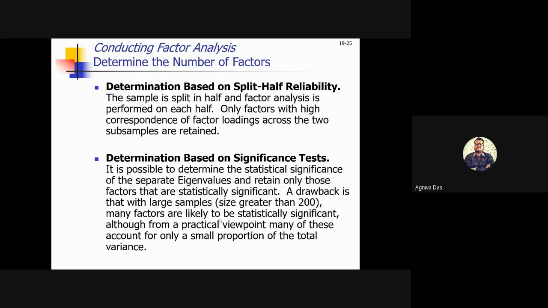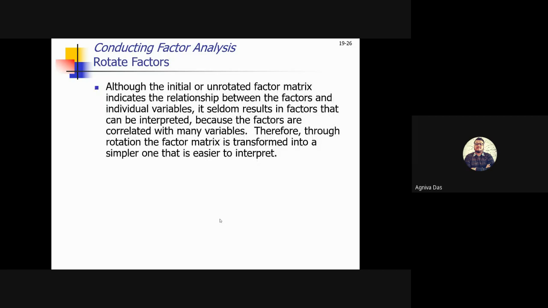You can also do it based on significance tests, for example some chi-square test. Eigenvalues can retain only those factors that are statistically significant. One of them is Bartlett's test, which, ironically, has a chi-square statistic. So you can use tests like that to make this decision as to how many factors will be optimum.